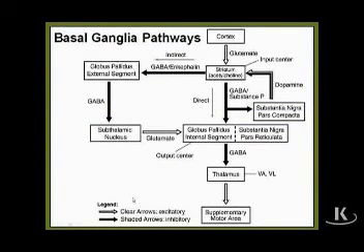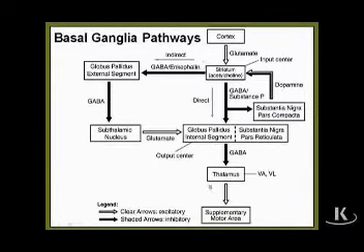So the classic diagram that illustrates the connections and the players in the two basal ganglia pathways is illustrated on this slide. And you can see at the top of the slide that running vertically are the components of the direct pathway, and running horizontally are the components that comprise the indirect pathway.